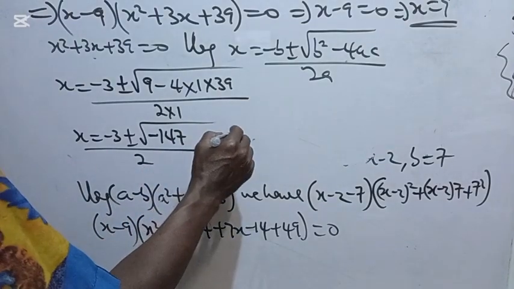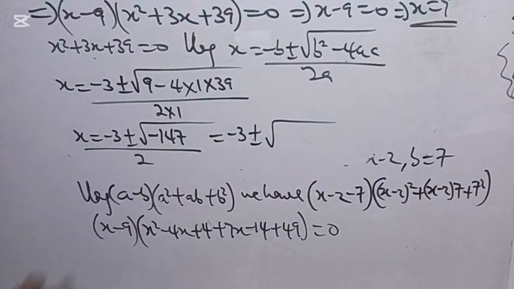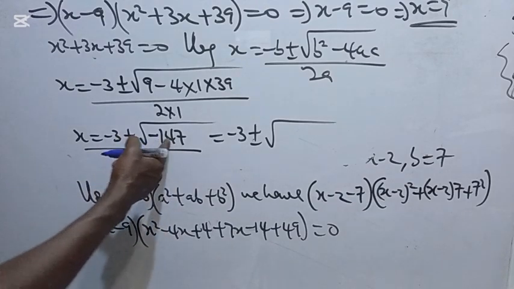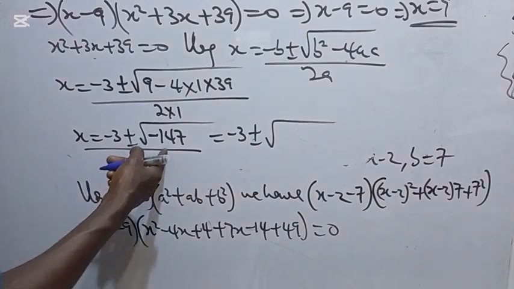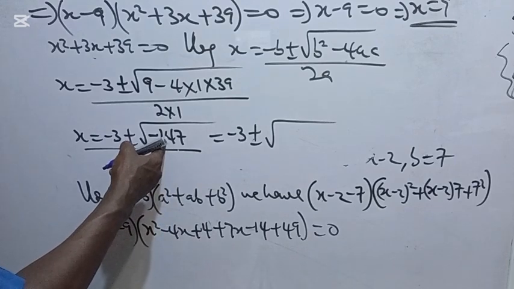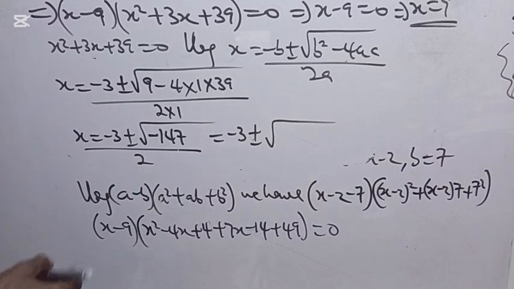So this implies minus 3 plus or minus square root of minus 147. We can break this one into 3 times something. What can go here that gives us a perfect square? Can 9 go? Let's take 3. 3 times 3 is 9.